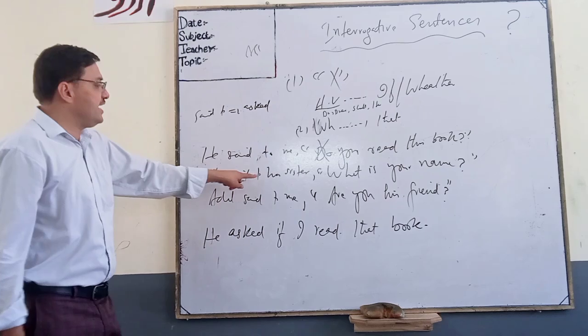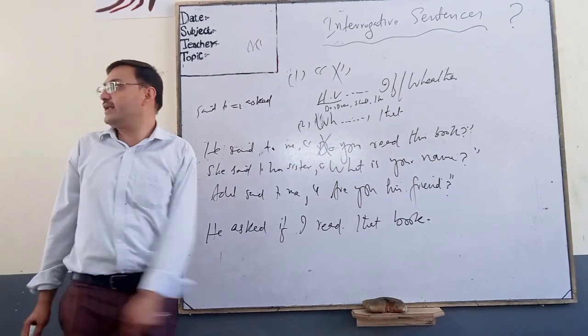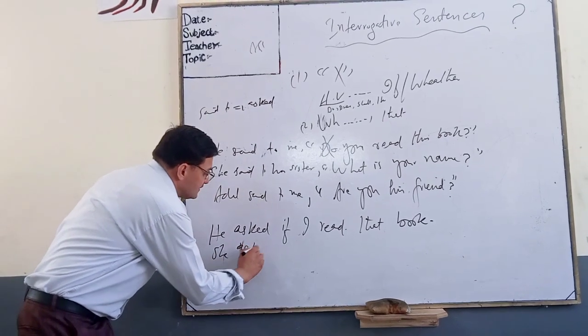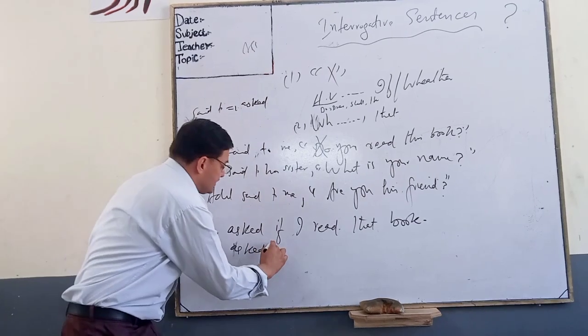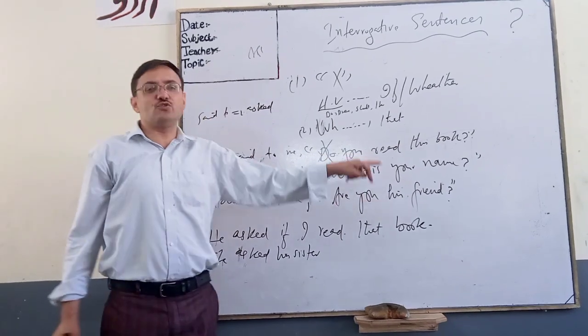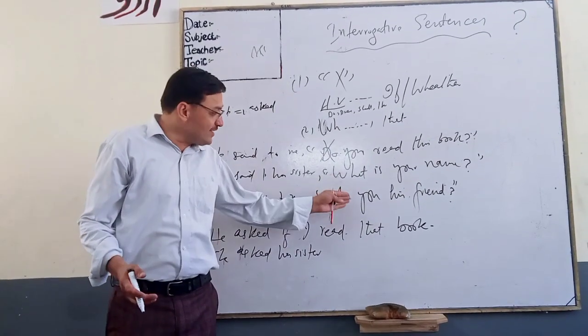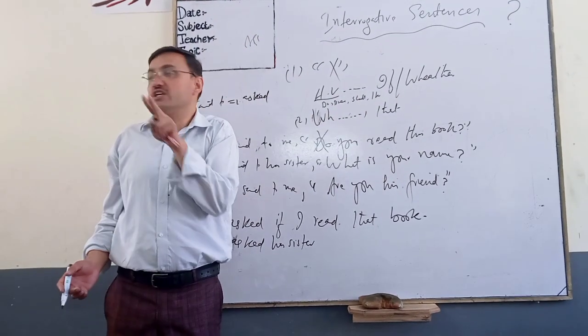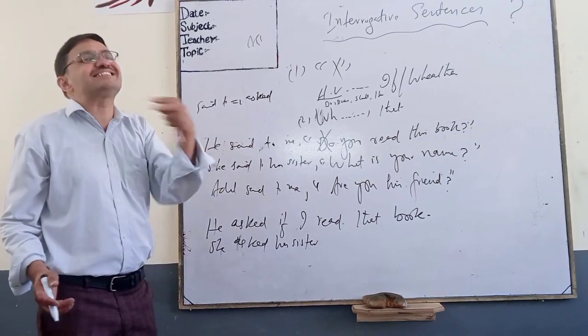Alright. Next is, she said to his sister, "What is your name?" She asked his sister. With WH you have to use that at that time. Don't use if and whether when a WH question starts.